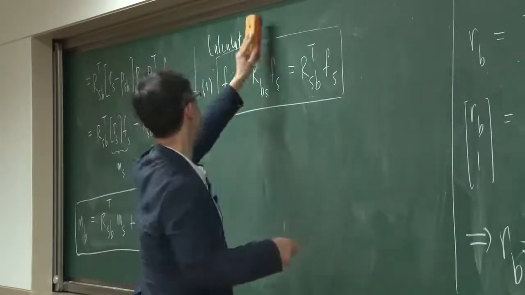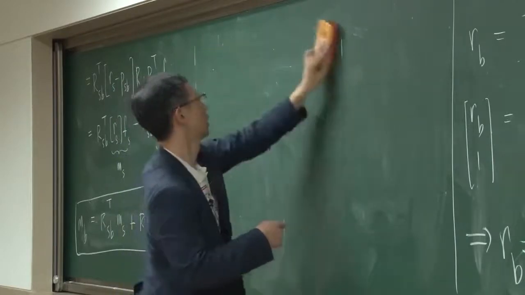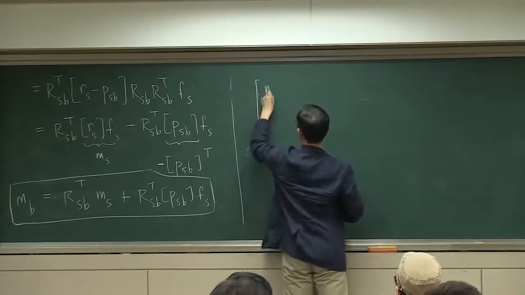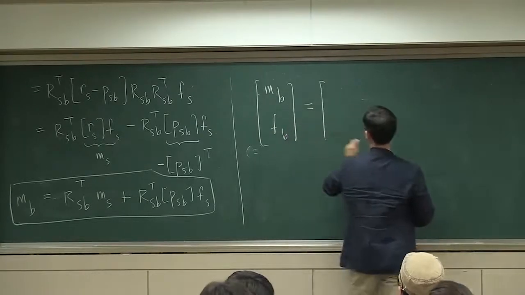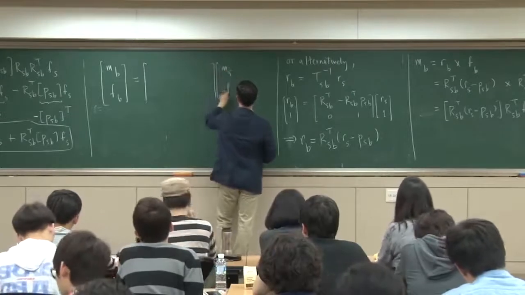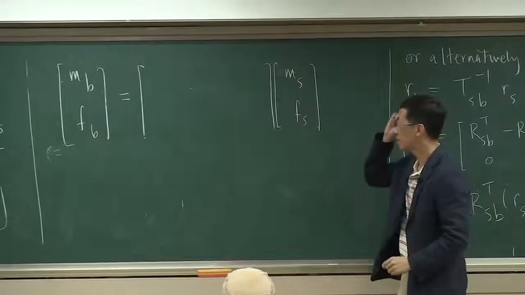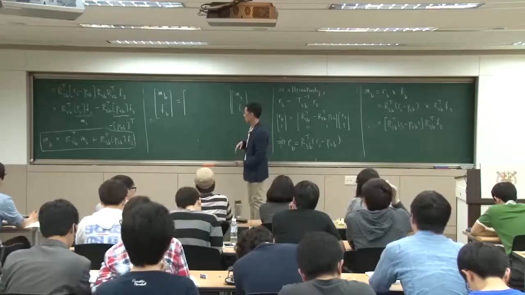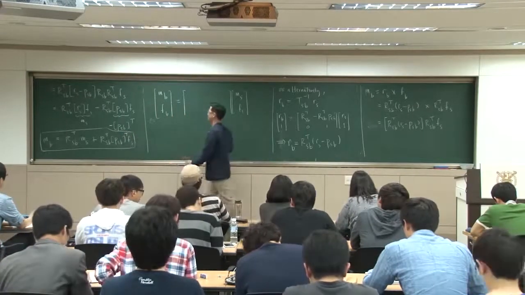Okay, so let's write this part down first. Actually, I'm going to erase it. Okay, actually, let's write the moment part first. So here's M_B, here's F_B. Okay, so this is equal to something times M_S plus something times F_S. Yes? Ah, yes, there's a transpose here.